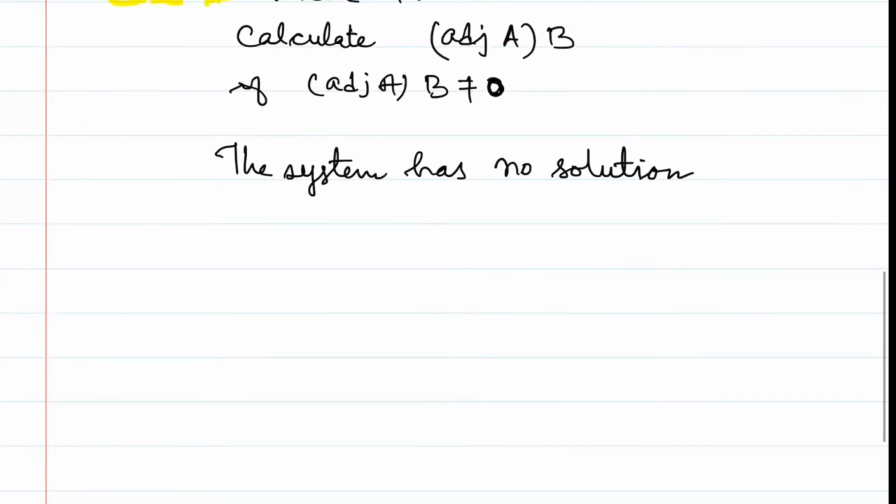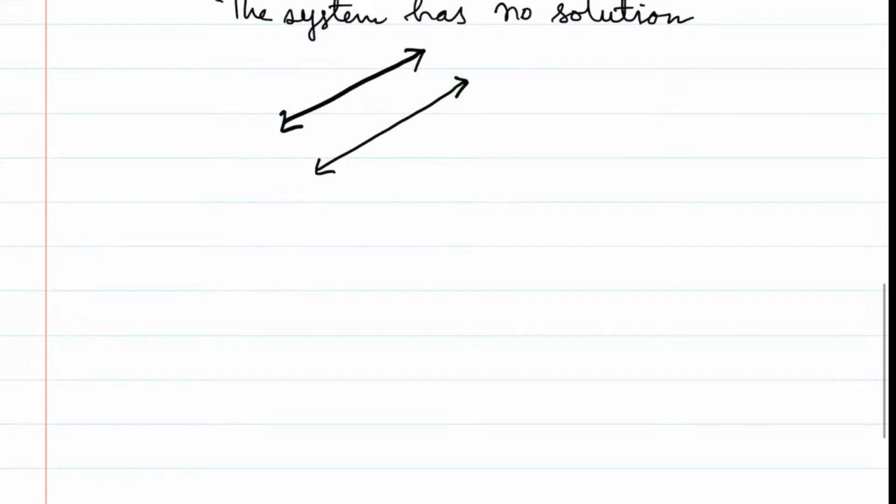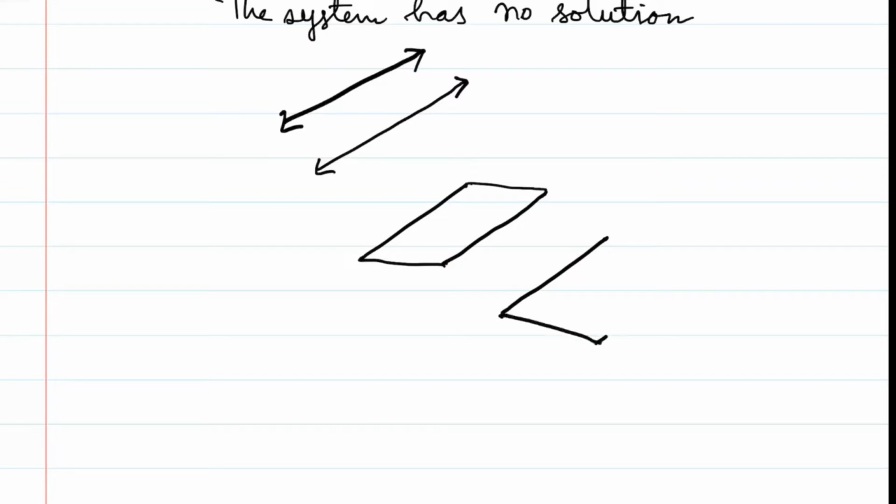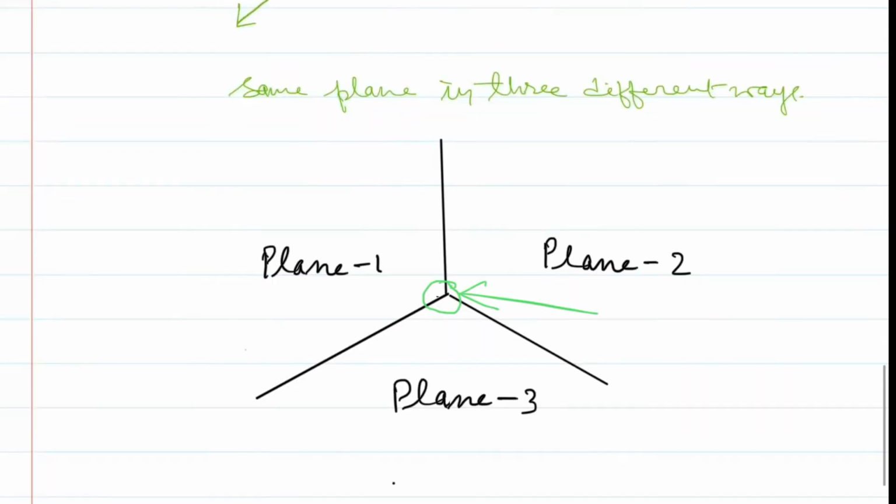When we have two equations in two variables, this situation is equivalent to two parallel lines. It means that they are not meeting anywhere. And when we have three linear equations in three variables, this situation is equivalent to a case where at least two planes are parallel. Means all the three planes are not intersecting at a single point. Means they don't share a common corner.